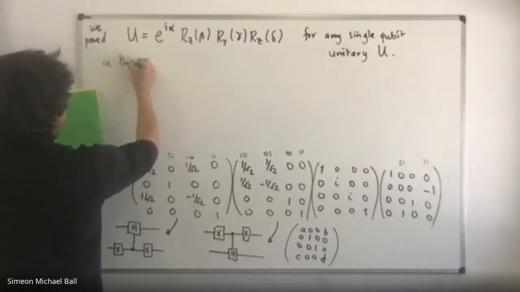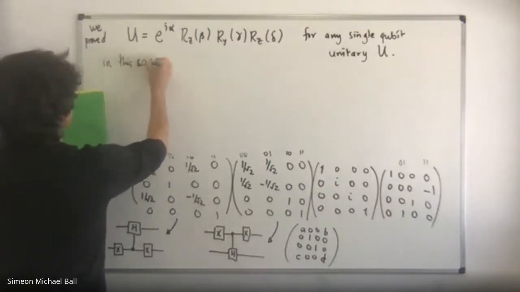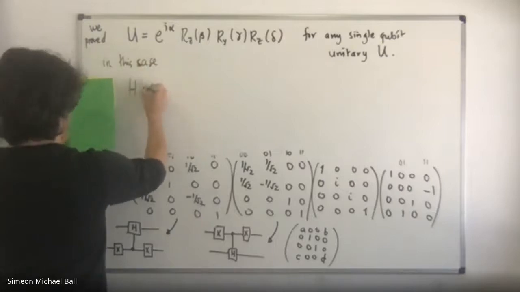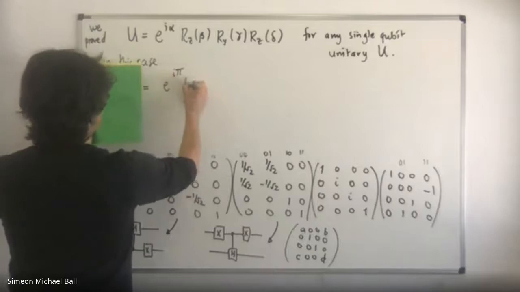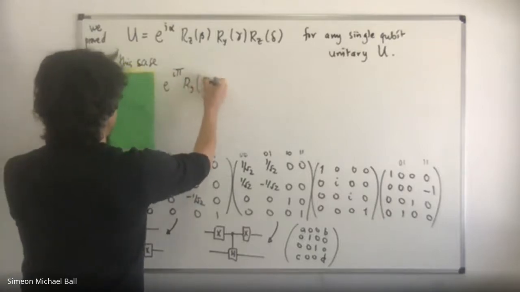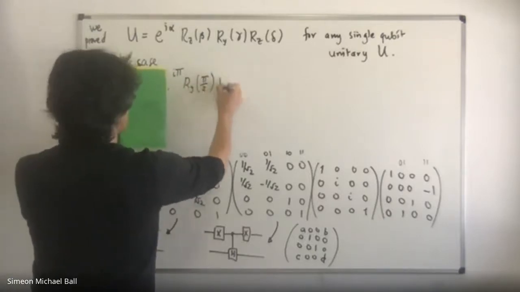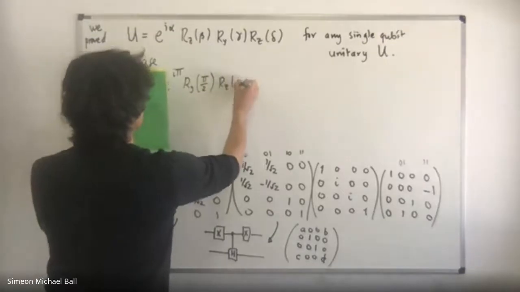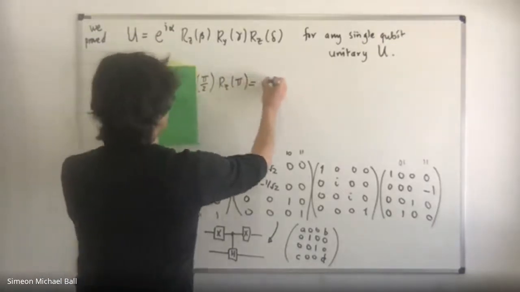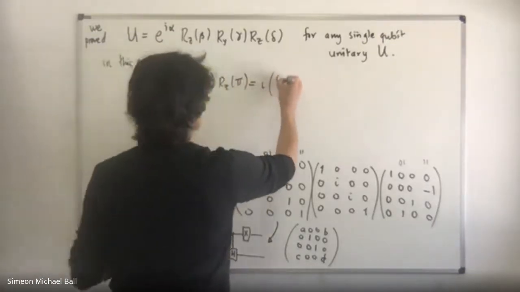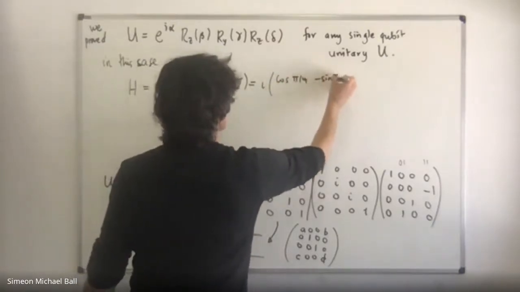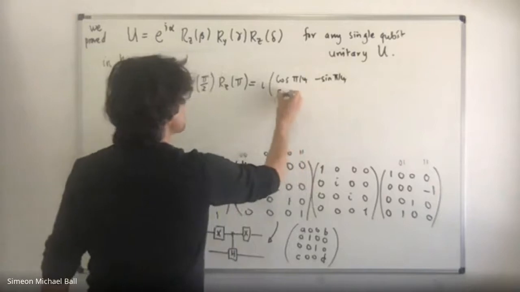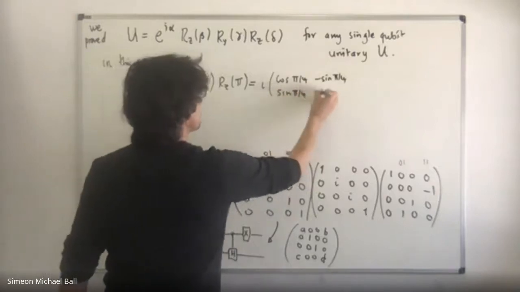I worked out an example for you of this. H decomposes as e to the I pi Ry of pi divided by 2 Rz of pi. And you can check that this is cosine of pi over 4 minus sine of pi over 4. The Ry is the classic rotation.